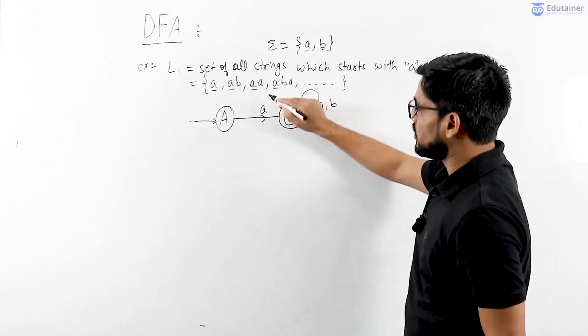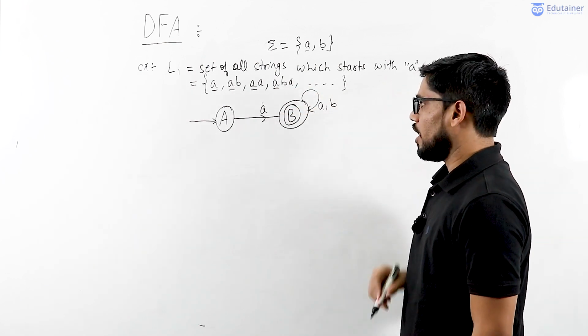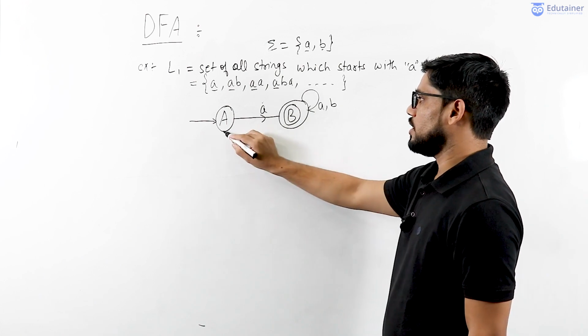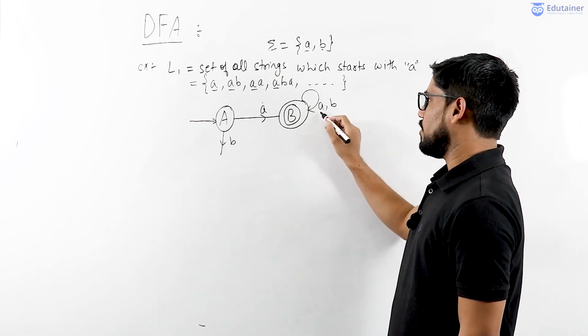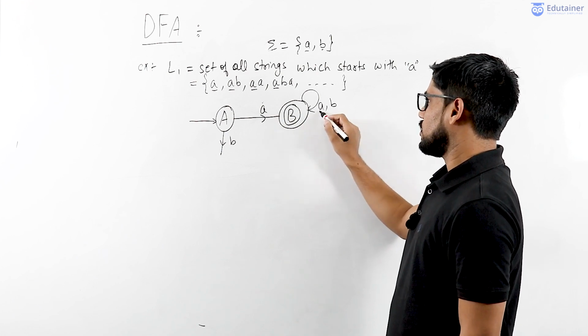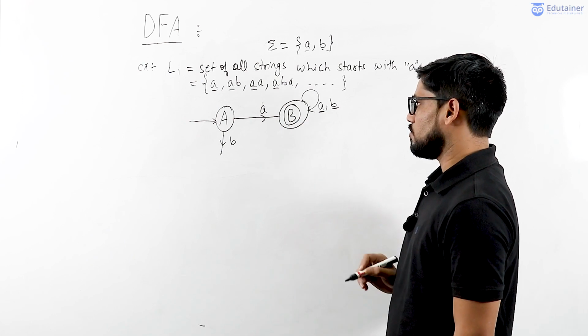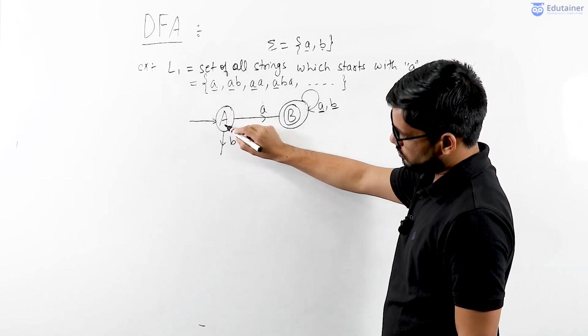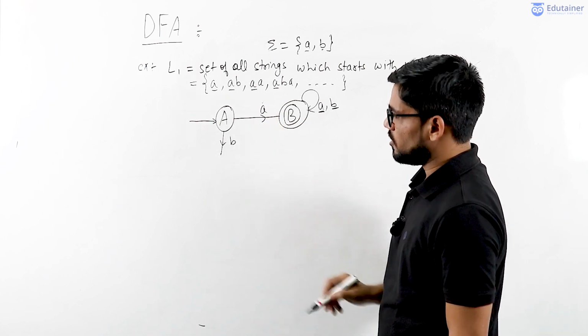Why? Because I already started the string with the symbol a. And what happens if I see a small b? I consider small a and small b for the capital B state, but I don't consider small b for the capital A state.